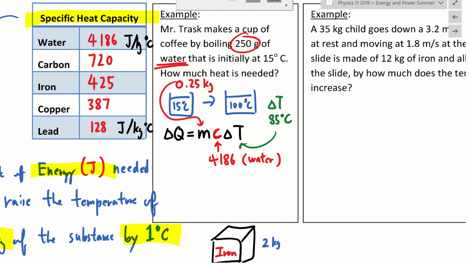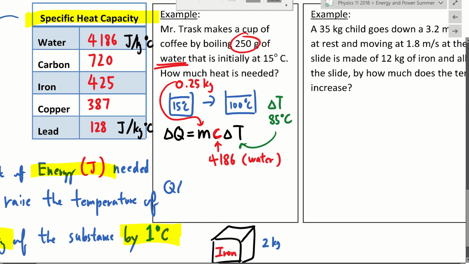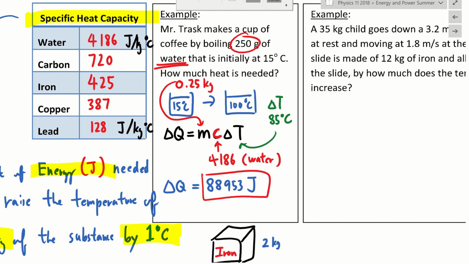And then you use a calculator, you multiply the 0.25, 4,186 specific heat capacity, and the change in temperature, 85 degrees Celsius, you're going to get the amount of energy that you need to heat up that water, which is going to be 88,953, about 89,000 joules. Okay, I'm skipping the calculation. You can check it with a calculator. Okay, pretty easy to use. Just make sure you know how much of the material you're heating up, what is the specific heat capacity from the table, and the change in temperature.